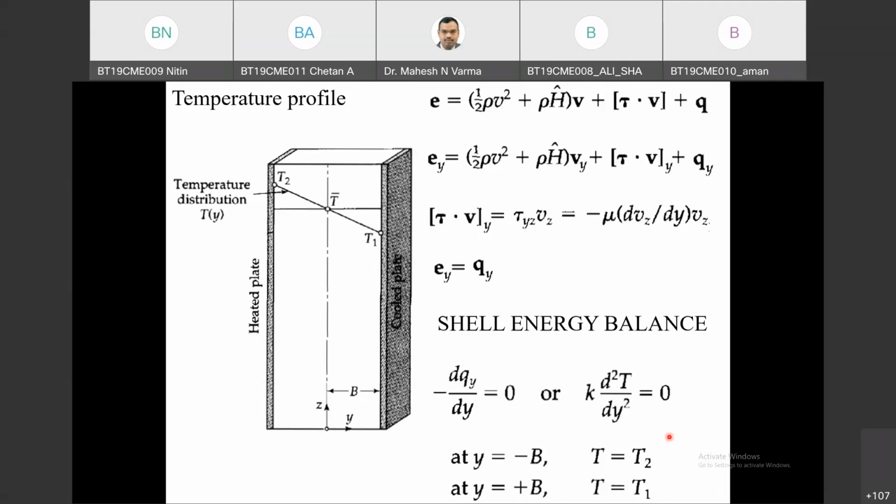Sir, the equation will be T is equal to C1y plus C2, and then we have to put in these boundary conditions.